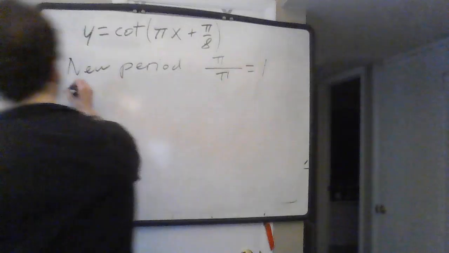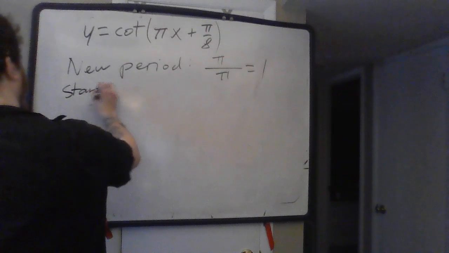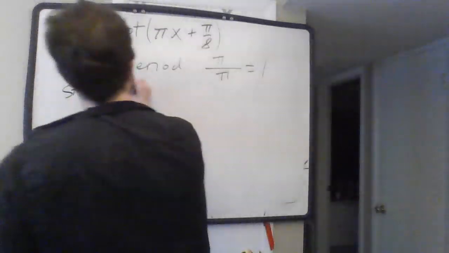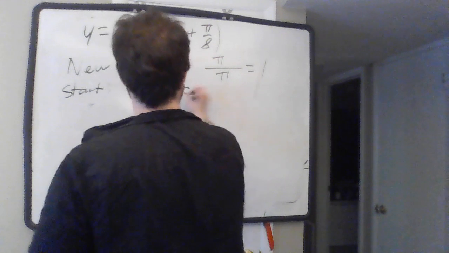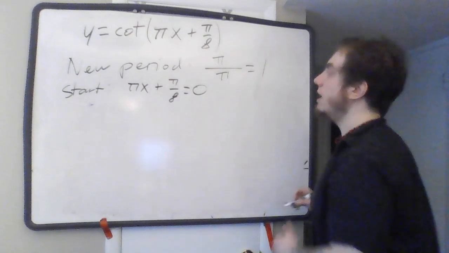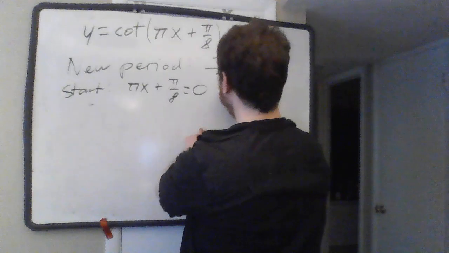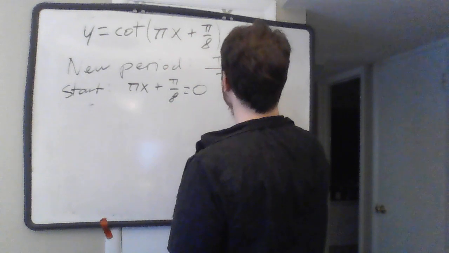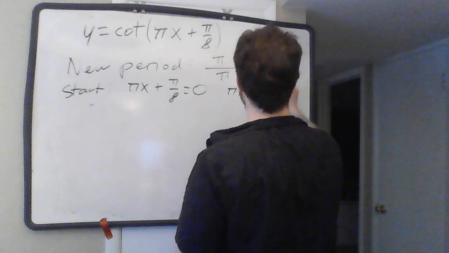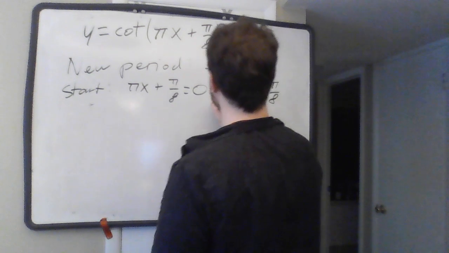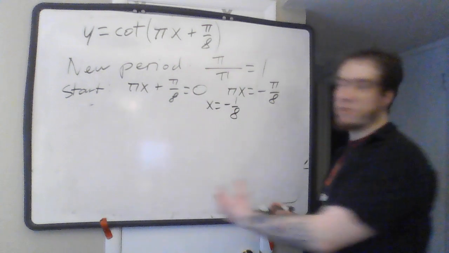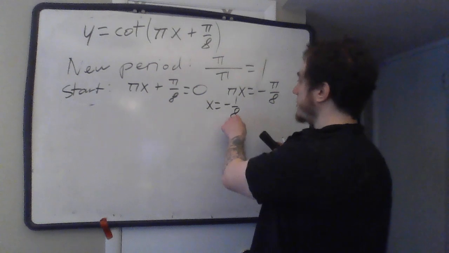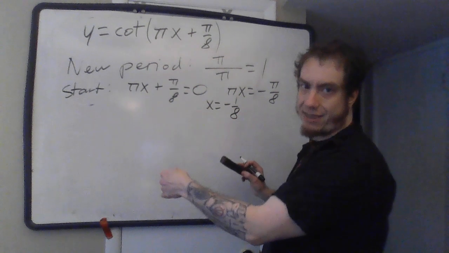And where does it start? Well, to plug in 0, we would need pi x plus pi over 8 to be equal to 0. So this is going to mean that pi times x equals negative pi over 8, and this gives me x equals negative 1/8. So what used to be at the origin has been shifted over to negative 1/8.